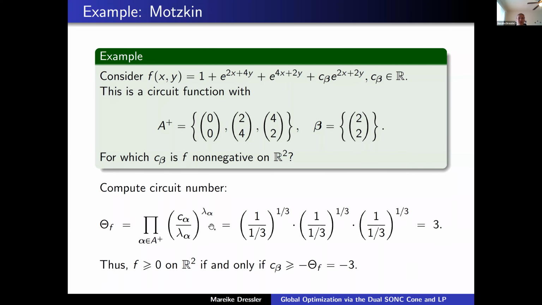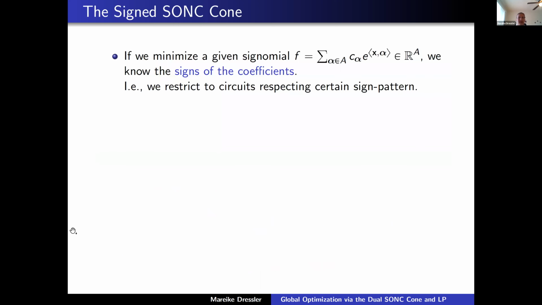All right, so now we go on and follow a common tractable approach in optimization, namely to use further knowledge on a given function. So for a given fixed Zignomial we want to minimize, we clearly have additional information on the signs of the coefficients of this function.